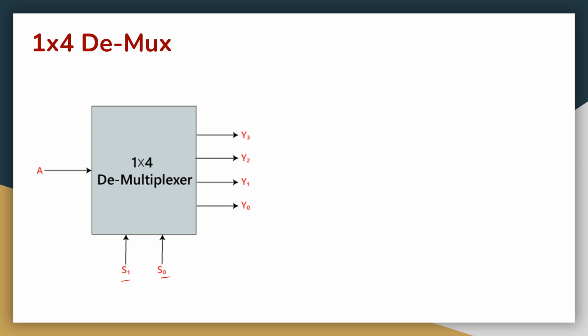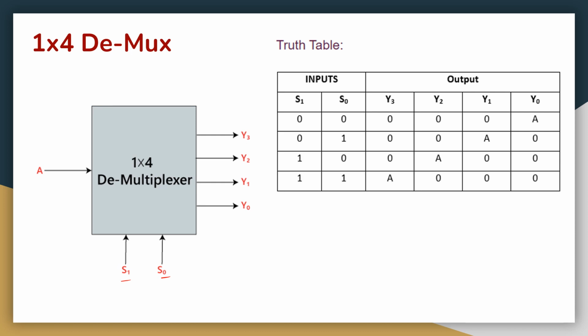Okay, so whatever we previously understood, we put as a truth table now. Now see, the selection line values are indicated with S0 and S1. If both are 0, 0, then A is forwarded to Y0.